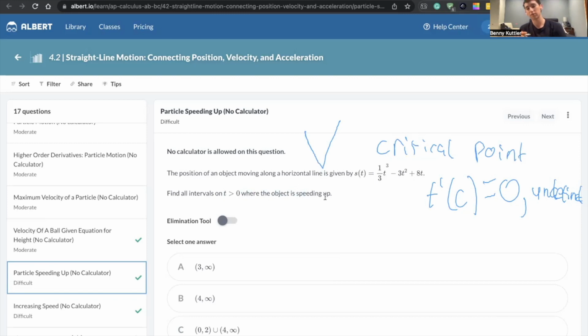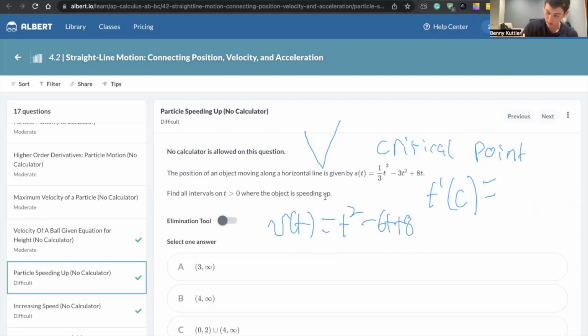So to find if the velocity is positive or negative, so if it's going forwards or backwards, we're going to have to take the derivative of this to find the velocity function. So using the power rule, we have v of t equals t squared minus 6t plus 8. I'll erase this.